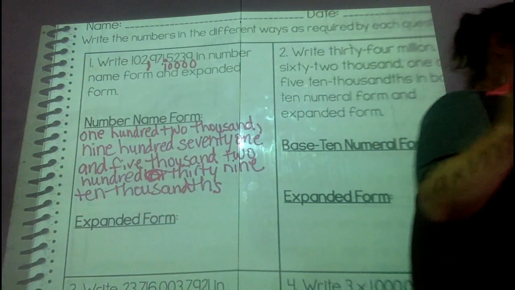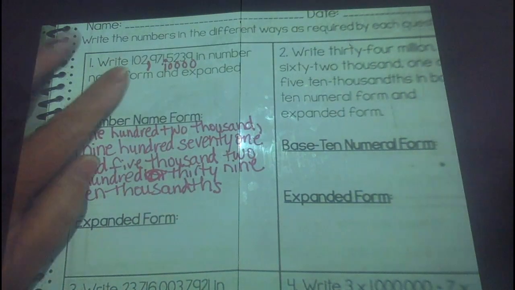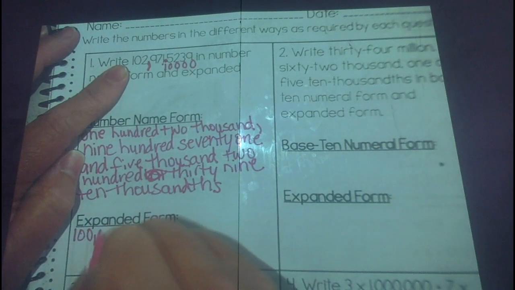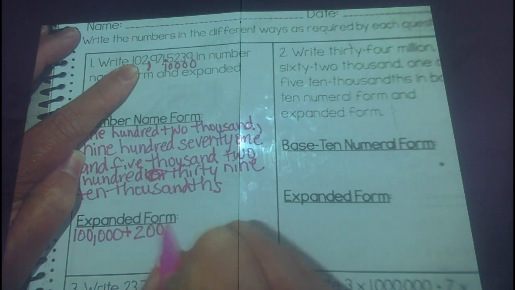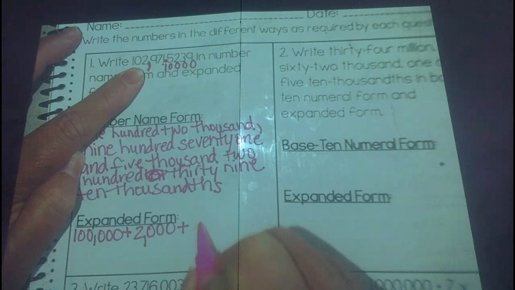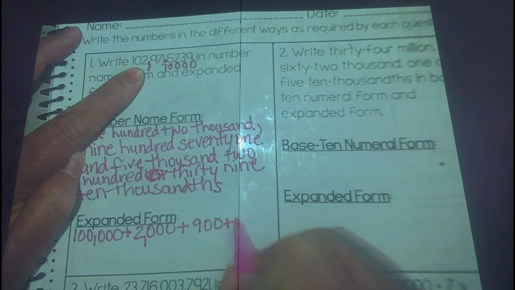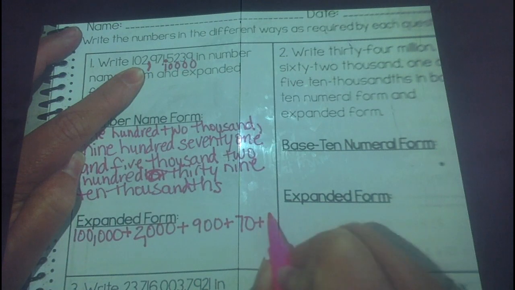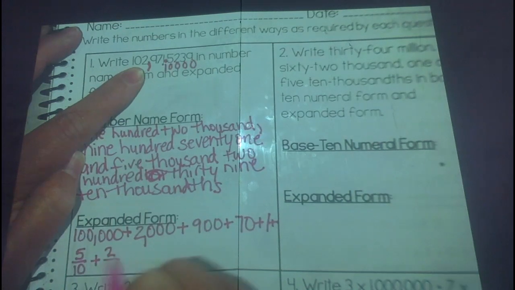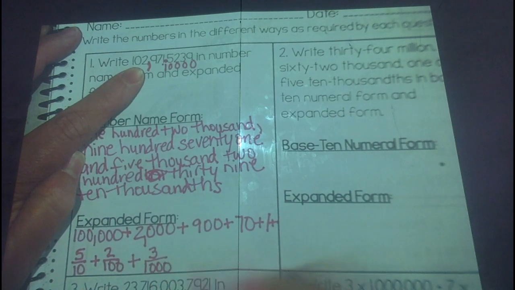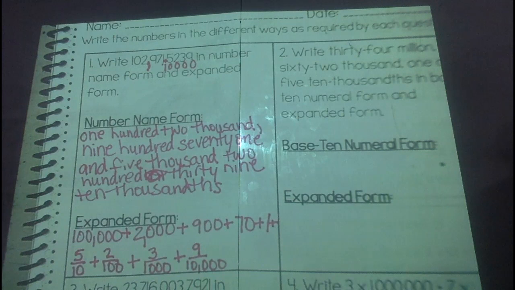So, for expanded form, we are going to actually expand it by the place value. We're not going to do a problem this time. So, we're just going to say 100,000 plus 2,000 plus... And so that's another way that you can write it.